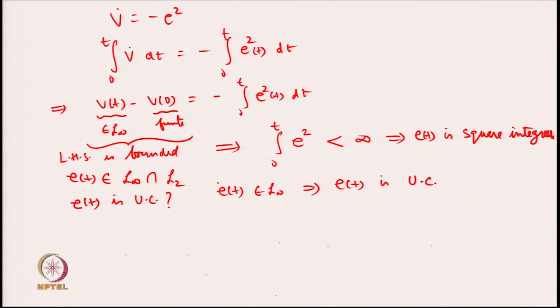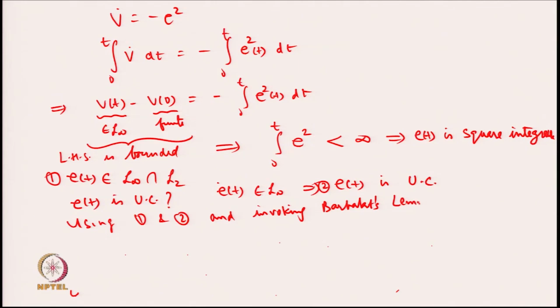So, we have satisfied all the conditions, that is E of t is both L infinity and L 2, and E of t is uniformly continuous. So, using 1 and 2 and invoking the corollary of Barbalat's lemma, we can conclude that E of t goes to 0 as t goes to infinity.